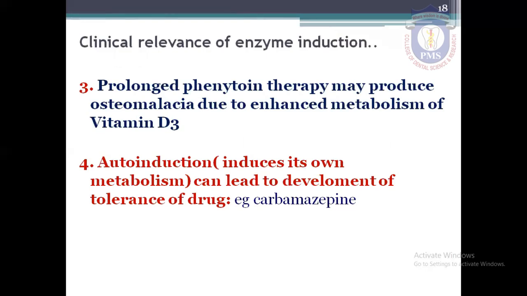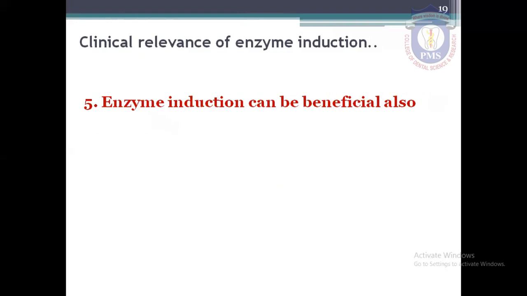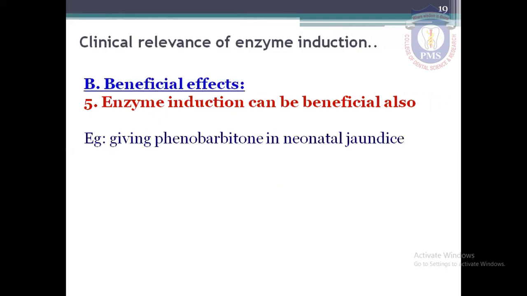Autoinduction means some drug induces its own metabolism and leads to development of tolerance. Example is carbamazepine. In some cases, enzyme induction can be beneficial also. Example, giving phenobarbital in neonatal jaundice.